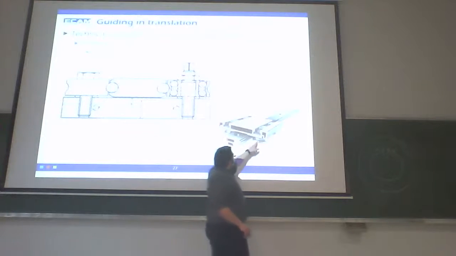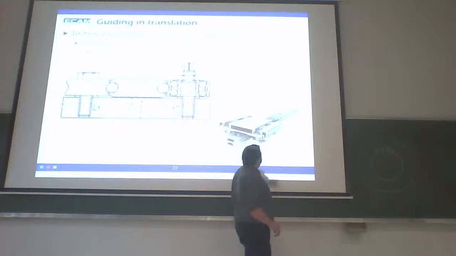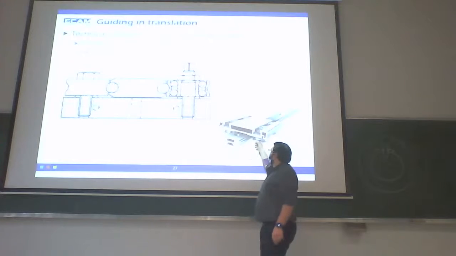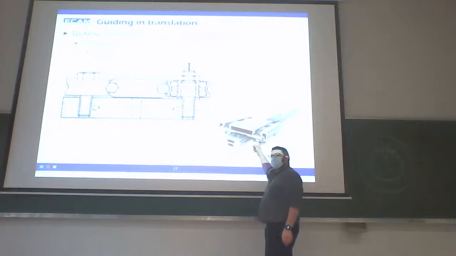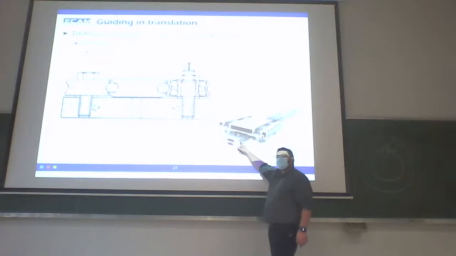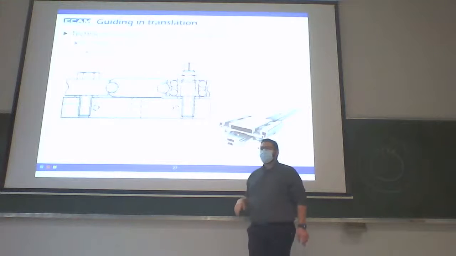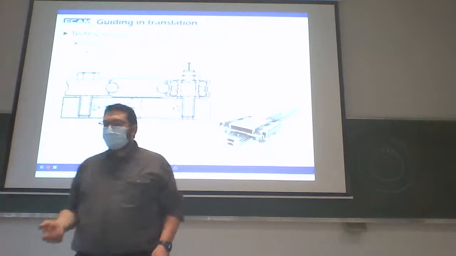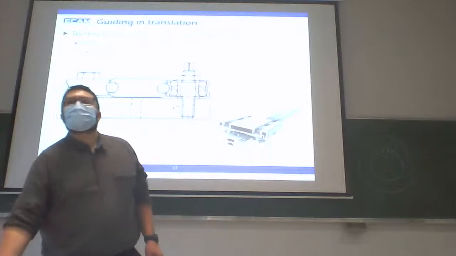So here we'll have 4 small wheels with a ball bearing inside that reduce the friction of the rotation of this wheel. And this wheel will roll, will turn outside of the second part. And like this, I will reduce the friction, and I have a very precise movement.